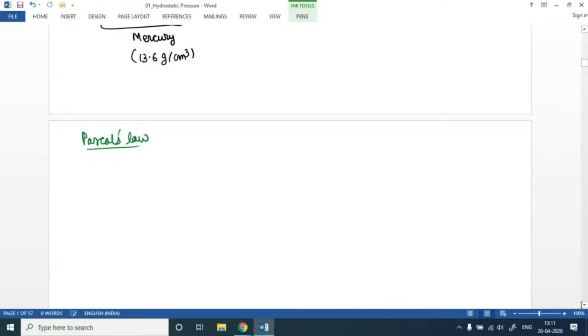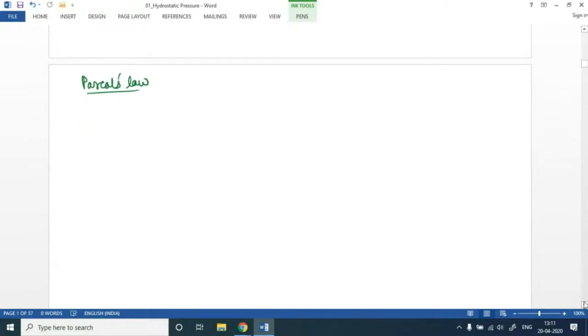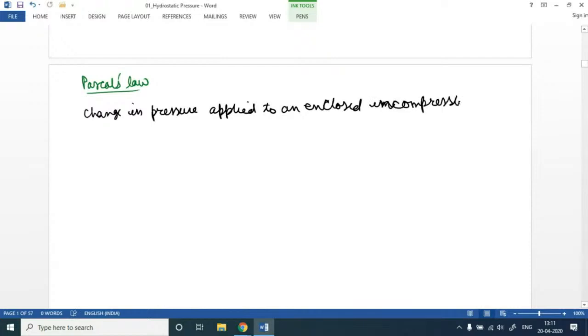So Pascal's law simply states that a change in pressure applied to an enclosed, incompressible fluid is transmitted undiminished to every point of the fluid.